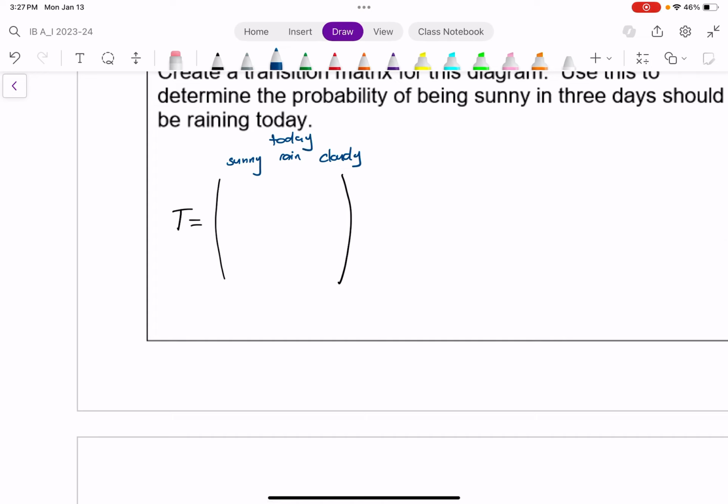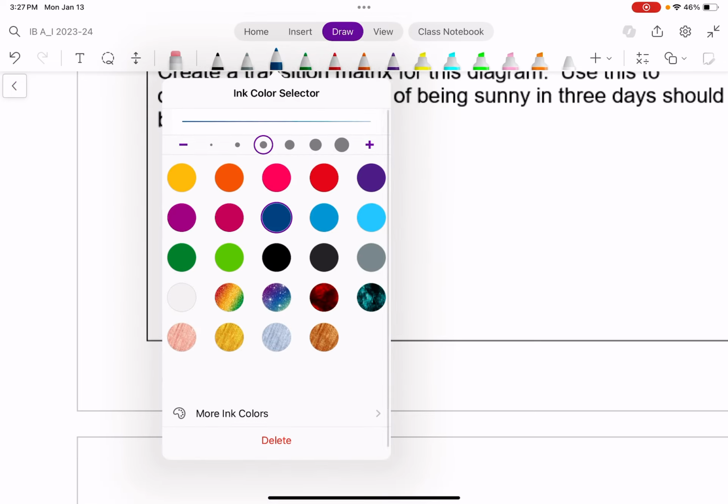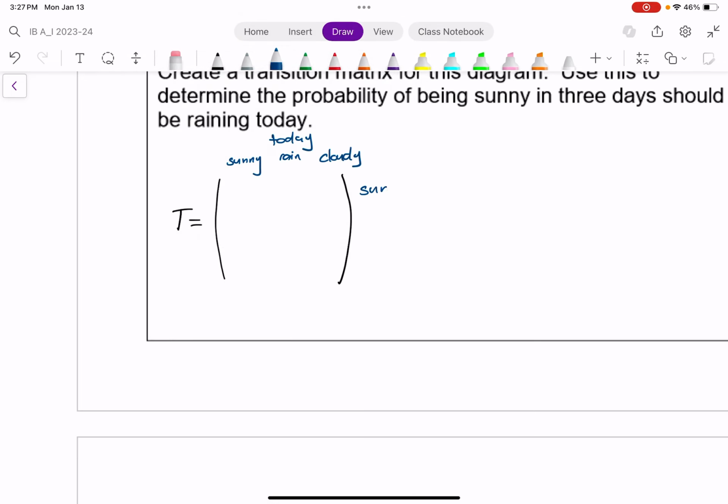I now need three rows that represent the future state in the same order. My first row will be sunny, second row rainy, third row cloudy. And again, this is for tomorrow.